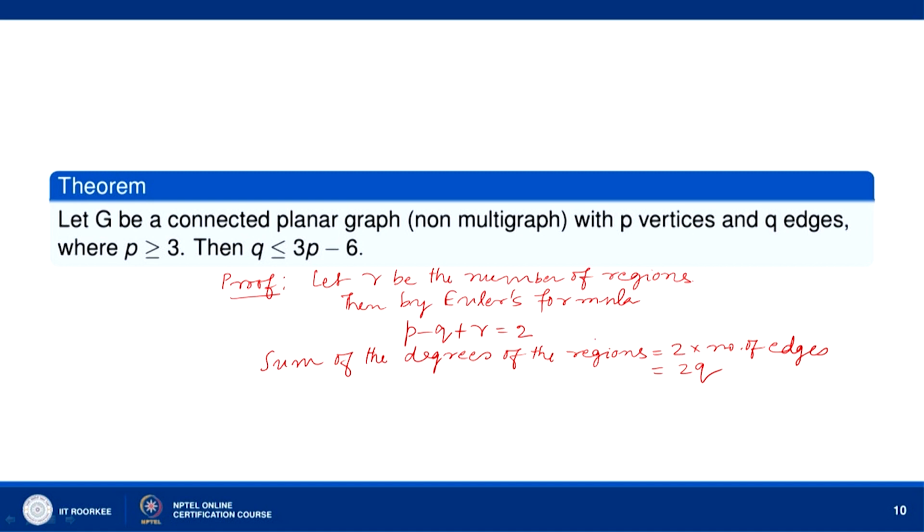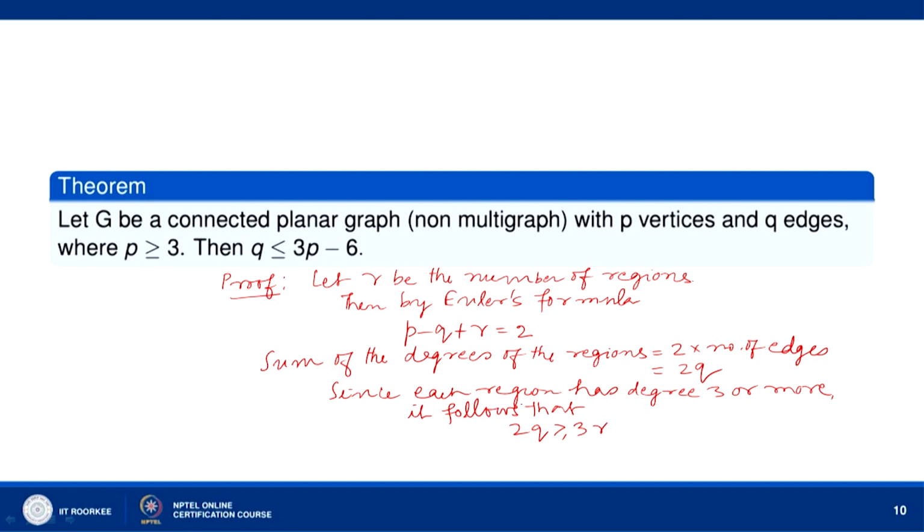Now, since each region has degree 3 or more, it follows that 2Q is greater than or equal to 3R.